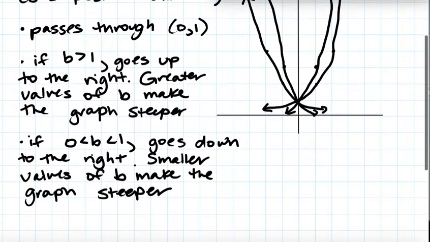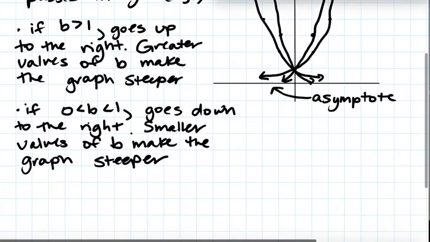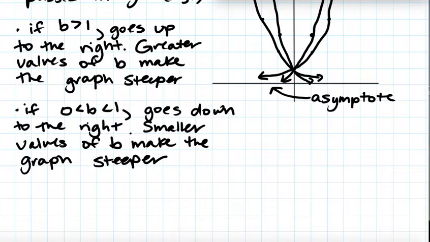Lastly, we're going to talk about what's called an asymptote at the x-axis. And this graph has an asymptote at the x-axis because it approaches the x-axis but does not cross or touch it. So on that flat side, it's going to get closer and closer to the x-axis, but it never actually reaches it or goes across it.